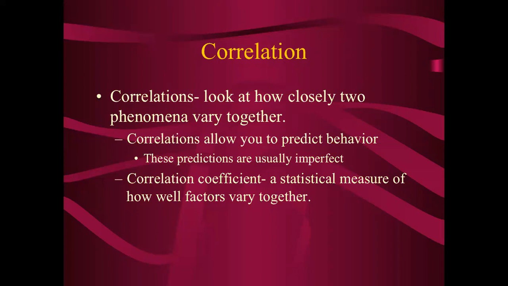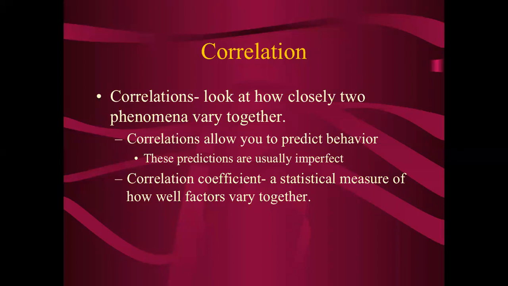When we talk about correlation, one of the nice things that a correlation can do for you is it'll allow you to predict behavior, right? So observational strategies allow you to describe behavior, but now we can predict behavior. In principle, if you had a perfect correlation, you could predict with 100% accuracy.